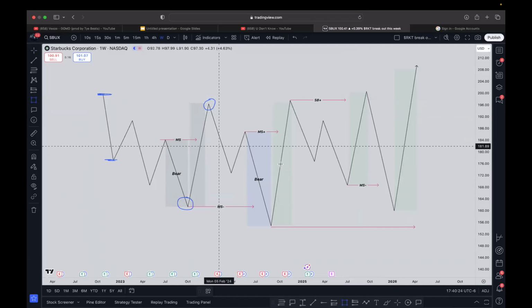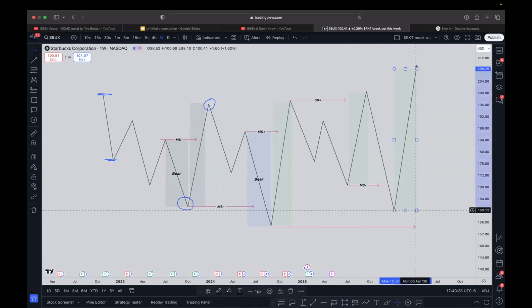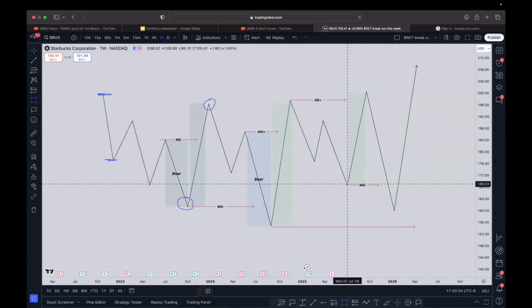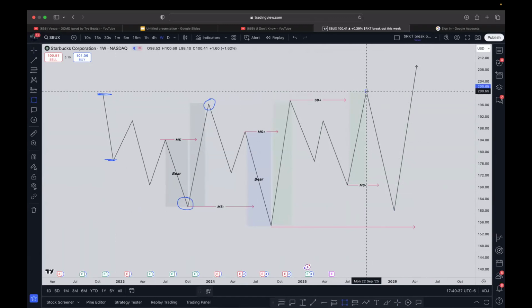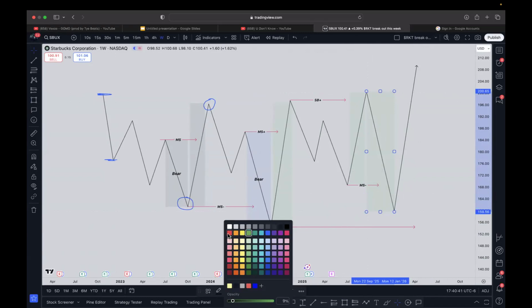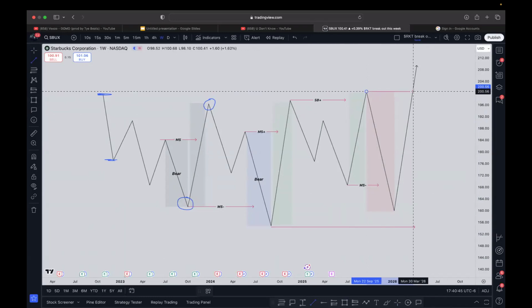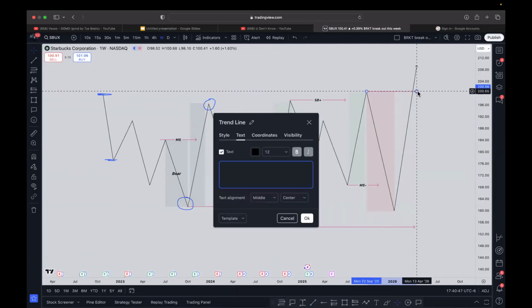And then we have, oh wait, hold on, am I tripping? I think I've looked at this too many times. Low to high, a range, and then here we have a bearish range. And then here we have a shift back to the upside.